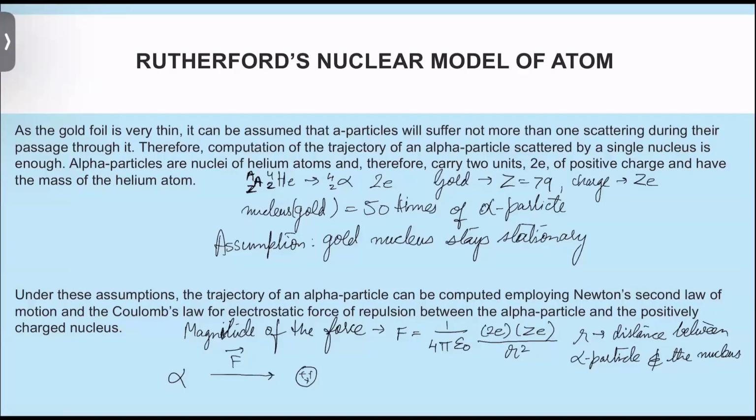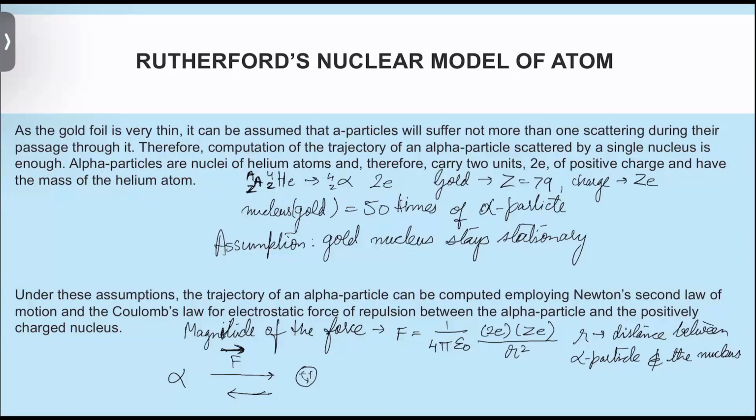The magnitude and the direction of the force on the alpha particle are going to vary as it approaches the nucleus, and they will differ again once it is back scattered.